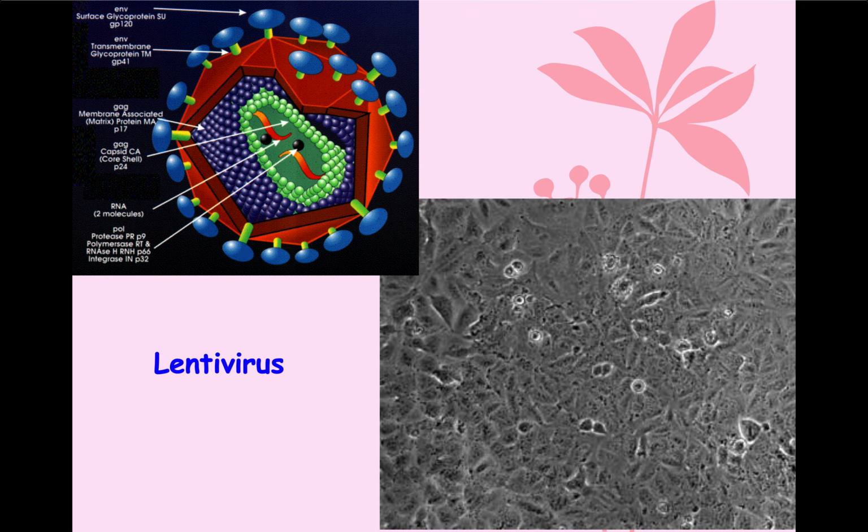This is how lentiviruses look. This is the actual TEM micrograph. It is quite similar to retroviruses because it's just a subclass of it. In terms of size, it's more or less similar, and it has similar machinery to the retroviruses as well.